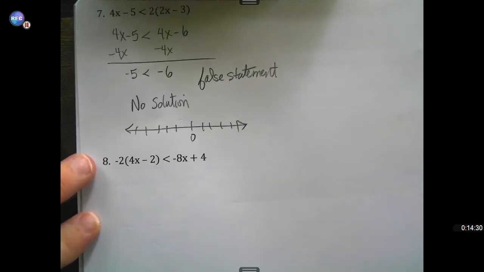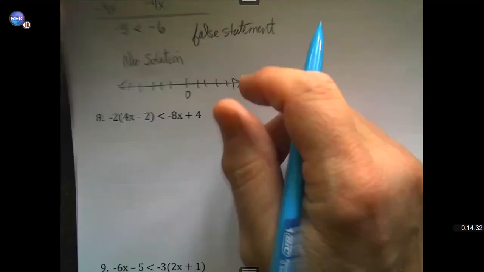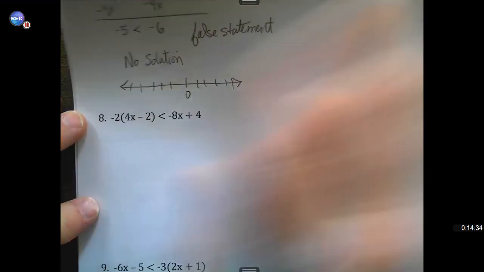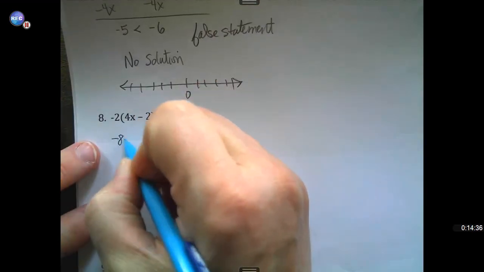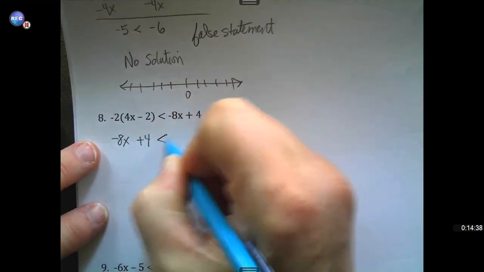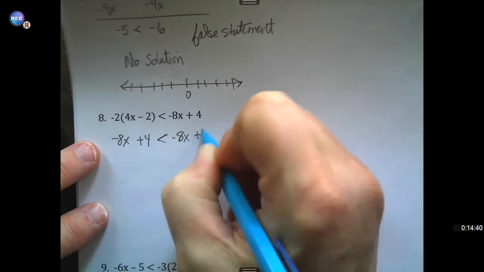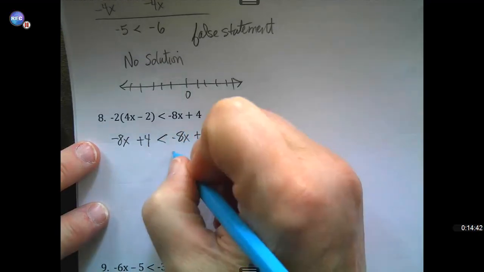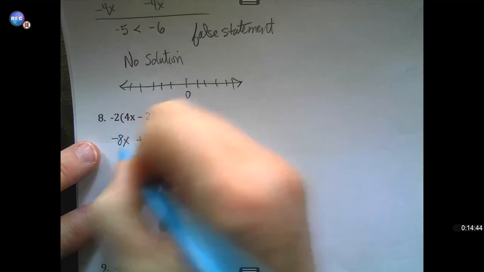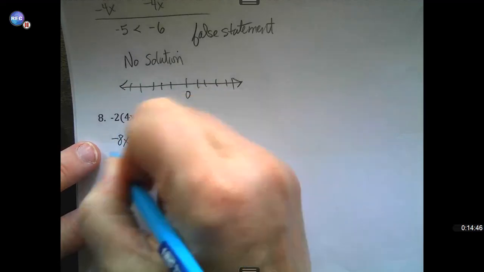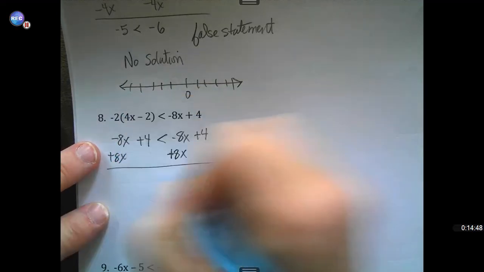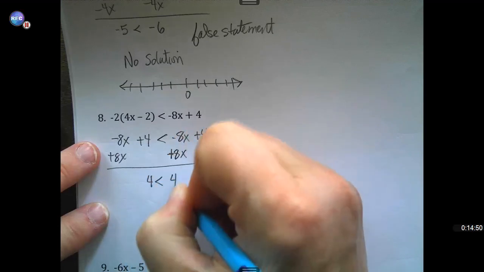Alright, we have another instance like that here. 8x plus 4 is less than 8x plus 4. Add 8x to both sides... 4 is less than 4.